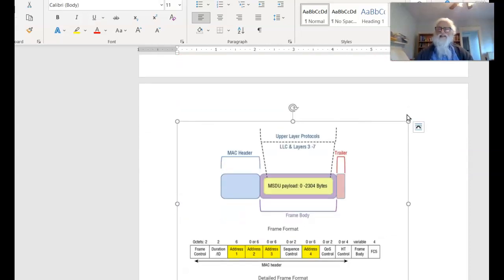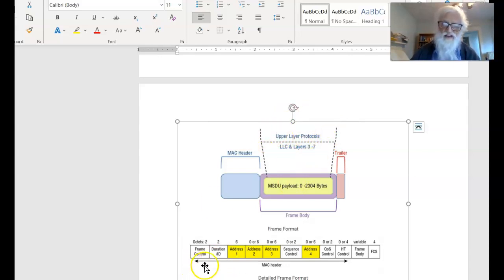Now, like everything else, there's a standard for what goes into a frame. This picture is a very nice picture. It shows sort of the whole thing. There's the MAC header, then what comes from above, and a little trailer. What comes from above includes the upper layers and all that kind of stuff.